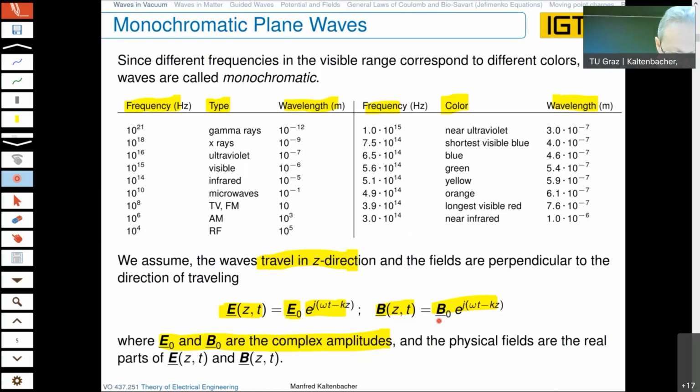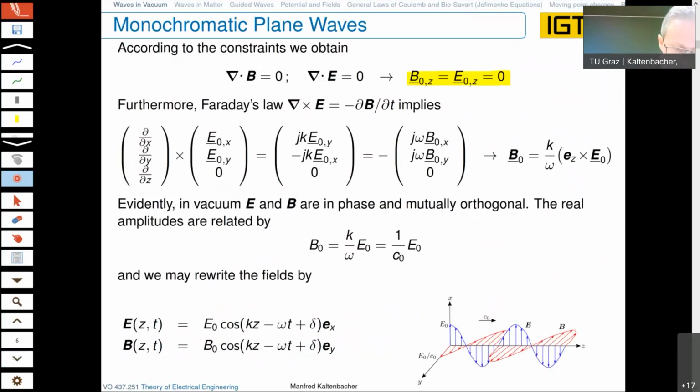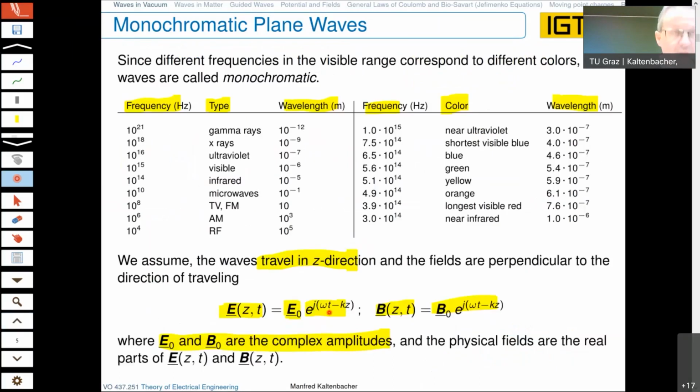Now, if you substitute the whole ansatz into this equation here, for example, you have then the space derivatives with respect to x, y, and z, and we all know that when you have this exponential function and take a space derivative, then it's again the exponential function with the inner derivative.